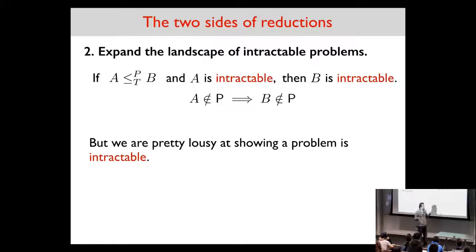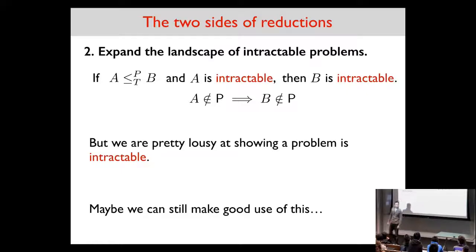If we could show that there's some A that is not in P, and that A reduces to B, fine, then we know B is not in P either. But we cannot even show for any meaningful language that it's not in P. So even though this seems like a nice tool to expand the landscape of intractable problems, there's really no starting point to do that.